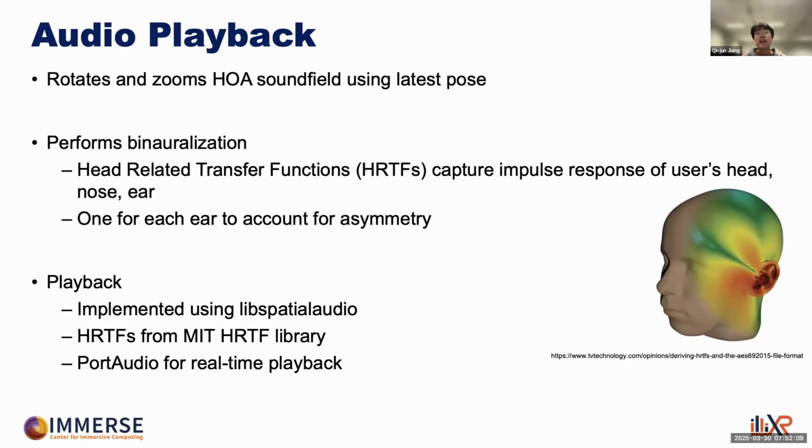So what we do is we take an average HRTF from the MIT HRTF library, but again, you can replace that with whatever HRTF models you want to use. And finally, we make use of the PortAudio library to actually provide the generated audio buffers to the system and make it to the speakers.